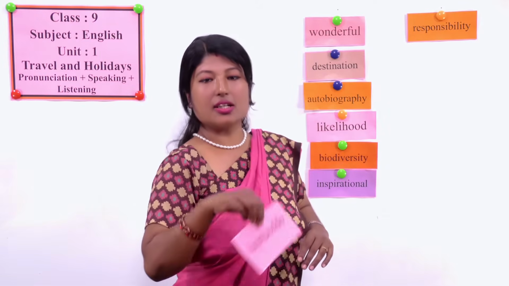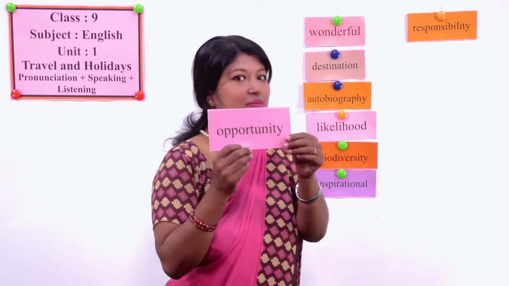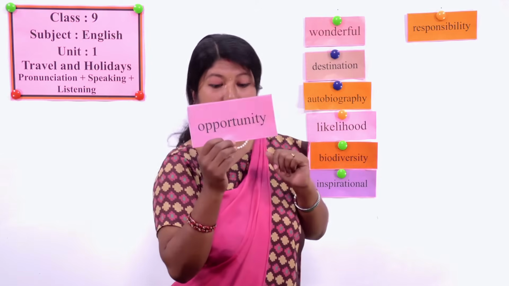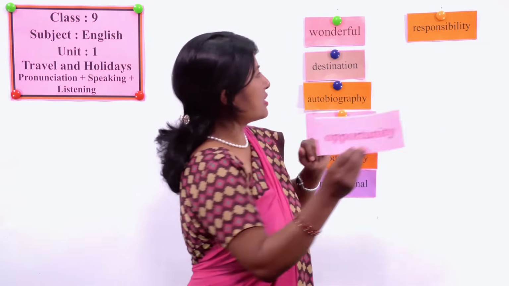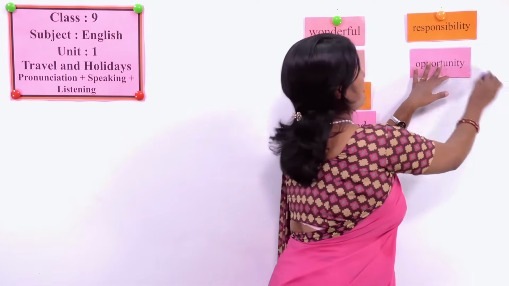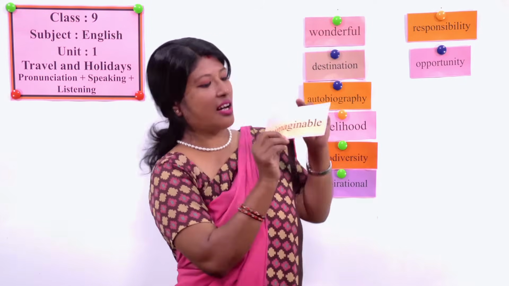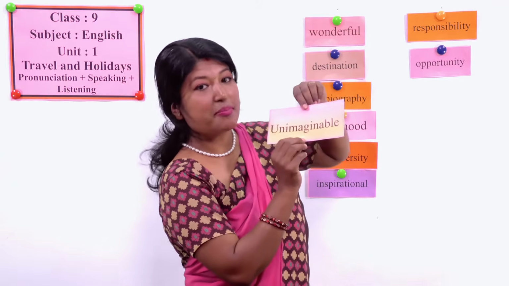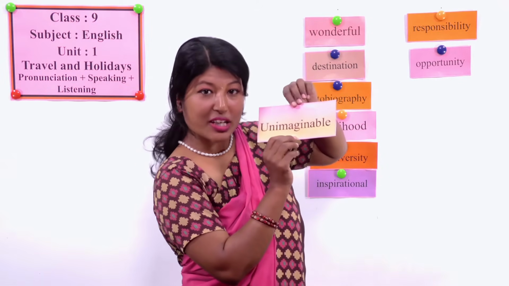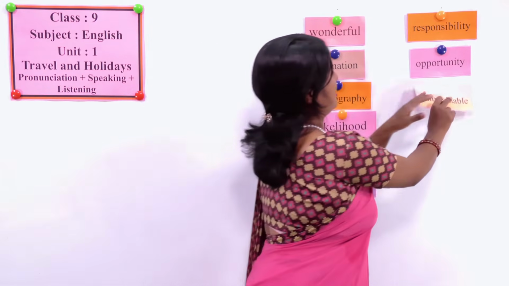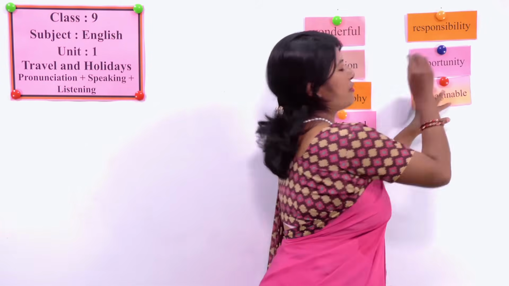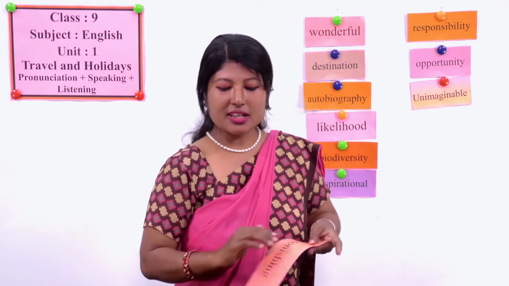Next. What is this? This is opportunity. Opportunity goes over here. Next. What is this? It is unimaginable. Unimaginable. Okay. Few more left. I have 3 more.